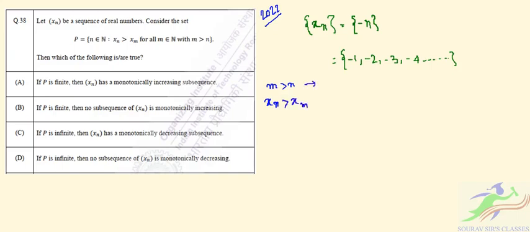So from here we can say that 2 is greater than 1, and x_1 is greater than x_2.